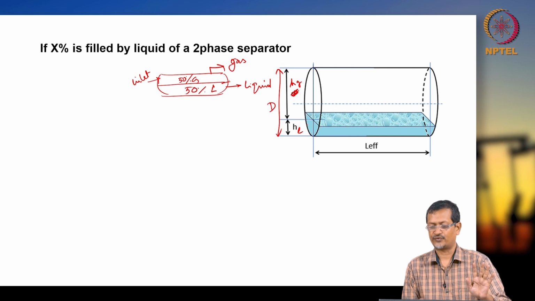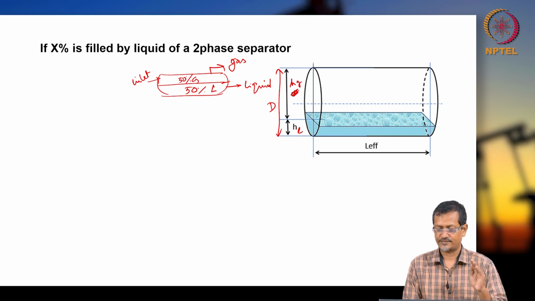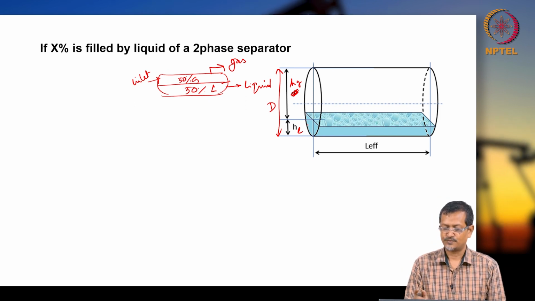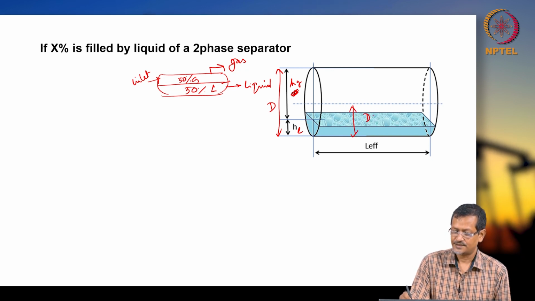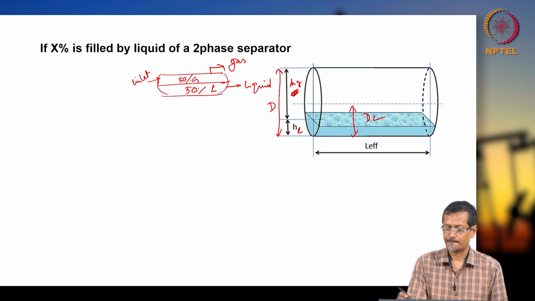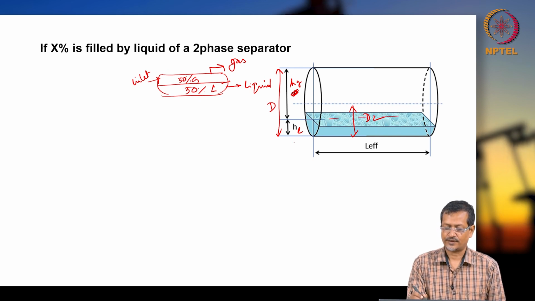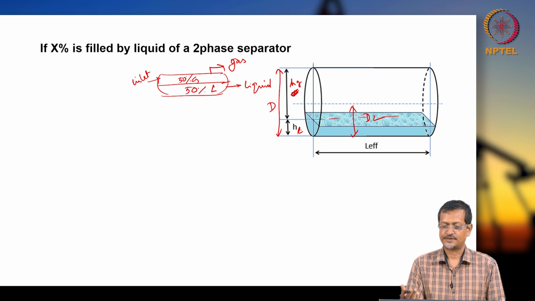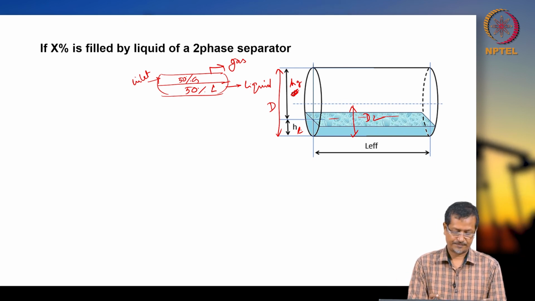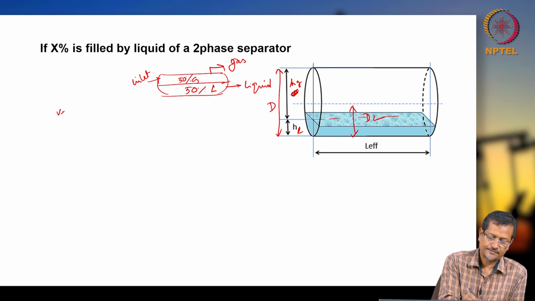Let's assume it's two phase, just to make life simpler, and this is like D by 2, the center axis, and this is lower than that, HL or liquid. Now how to calculate the gas velocity, liquid velocity, liquid retention time? Okay, this is the velocity of gas.